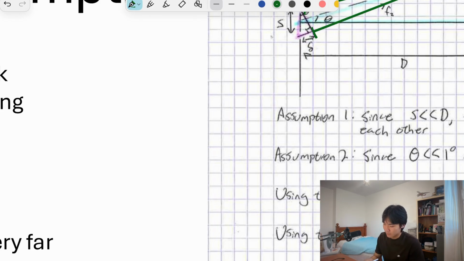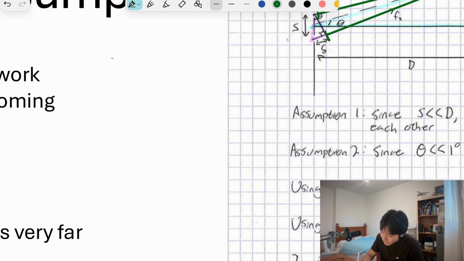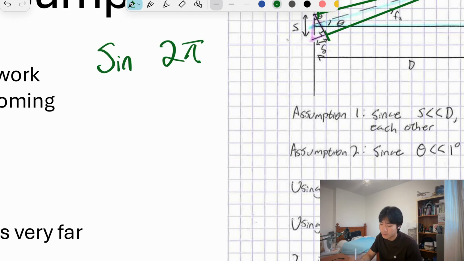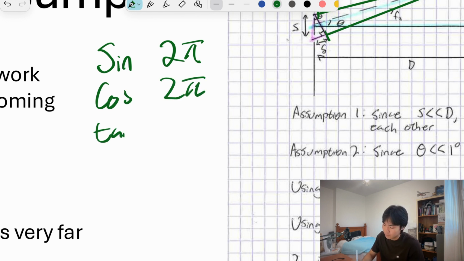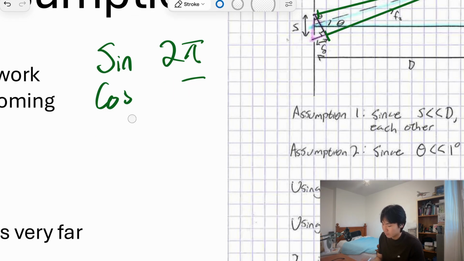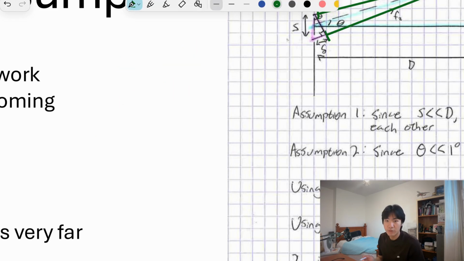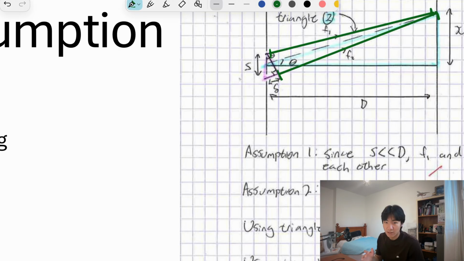You know that the sine function is 2 pi periodic, cos is also 2 pi periodic, and tan is pi periodic. They always repeat, and we can always scale that up or down depending on the size that we want.